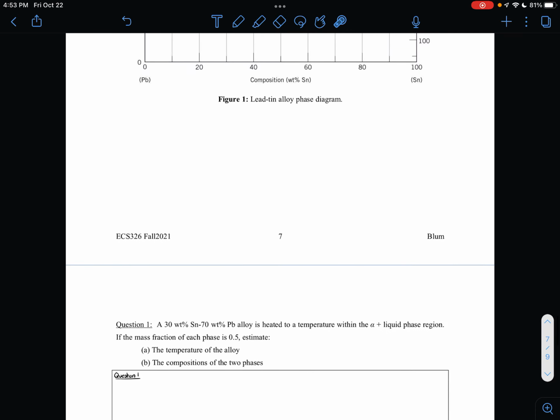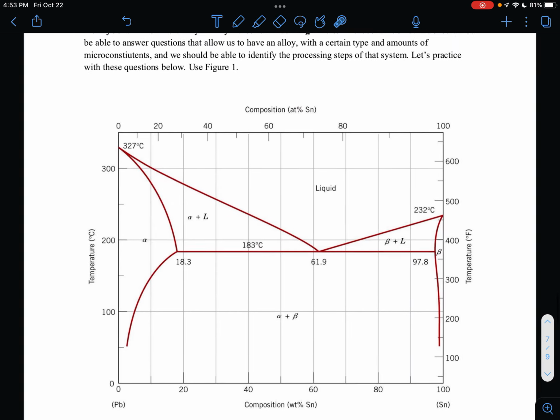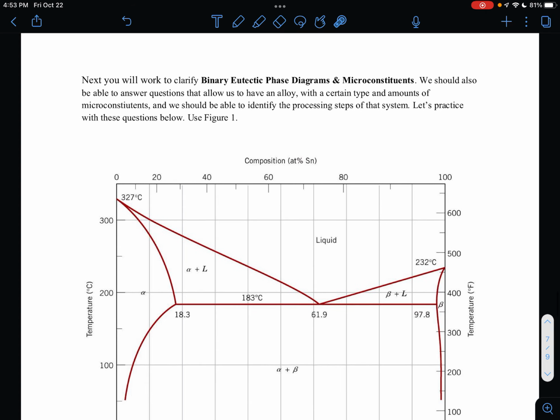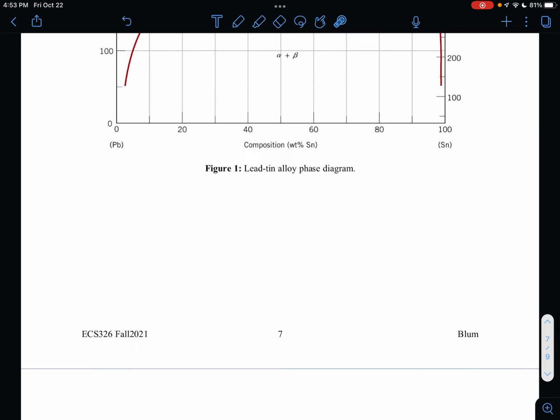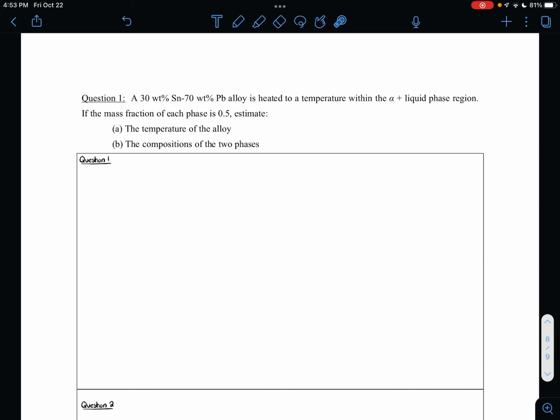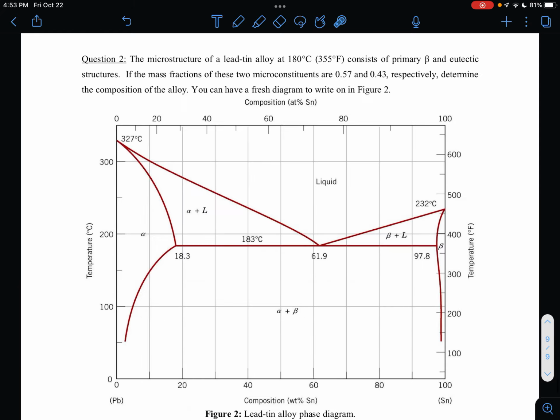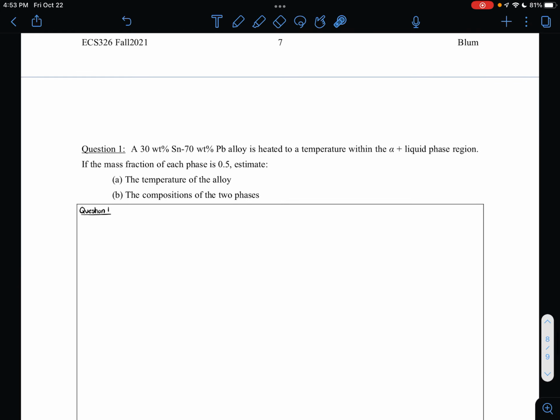So our next question, we're looking at another binary eutectic phase diagram and the microconstituents. I didn't have workspace for question 2, so I'm just going to put them both in here. You have a 30 weight percent tin alloy, and it's heated to a temperature within the alpha and liquid region.